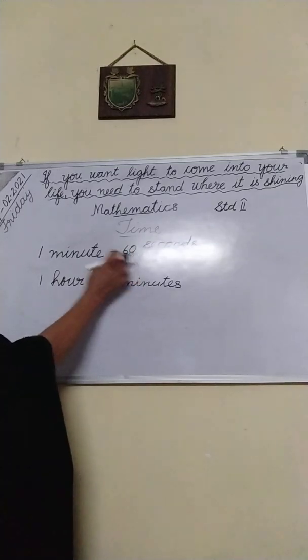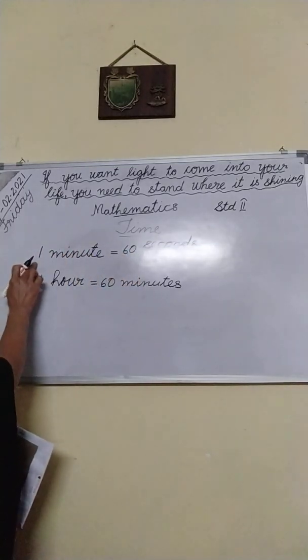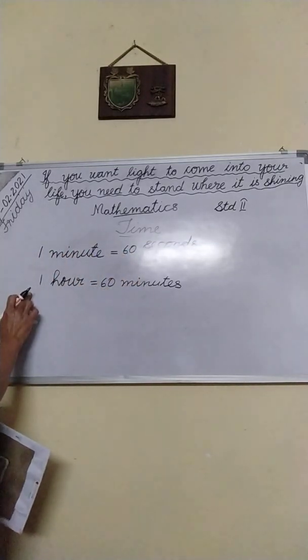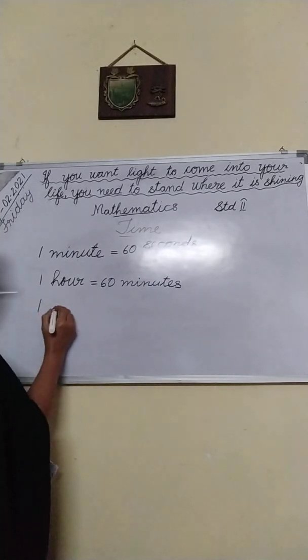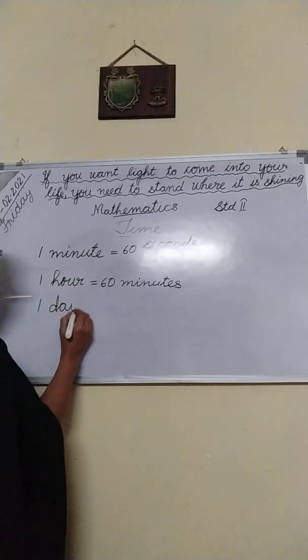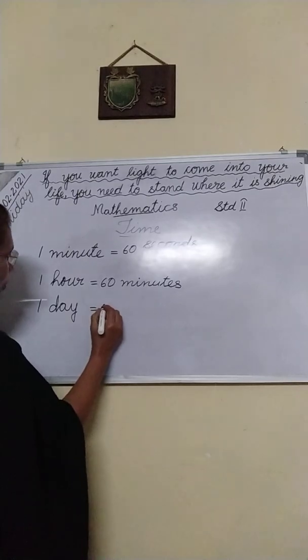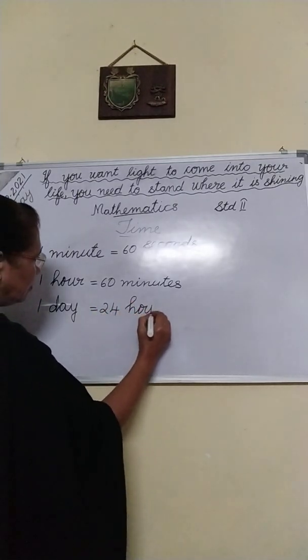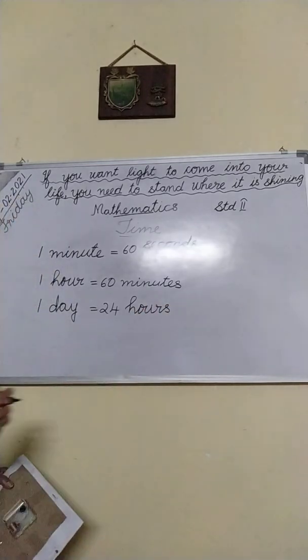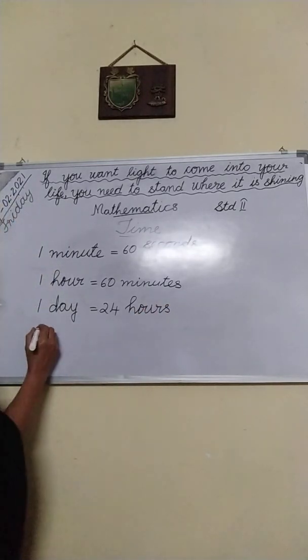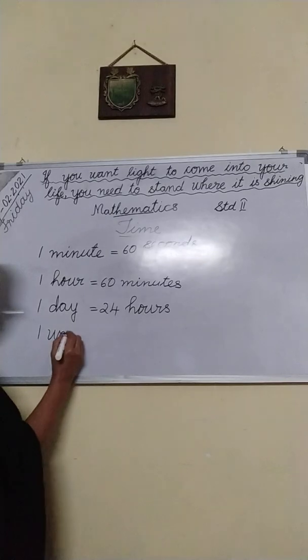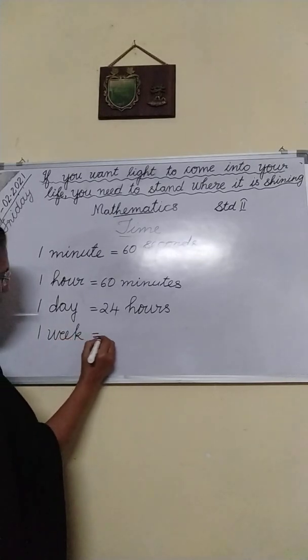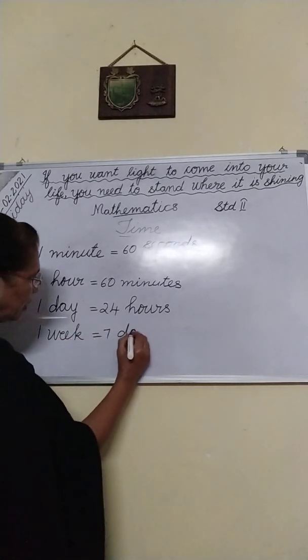That means 60 seconds make 1 minute. 60 minutes make 1 hour. Now, 1 day. 1 day is equal to 24 hours. 1 week is equal to 7 days.